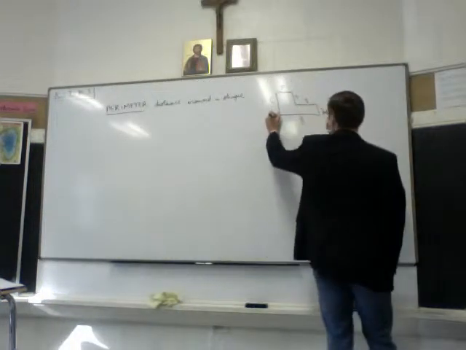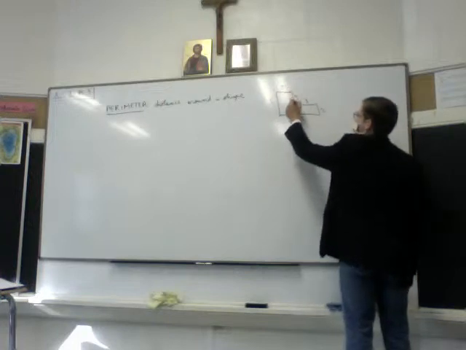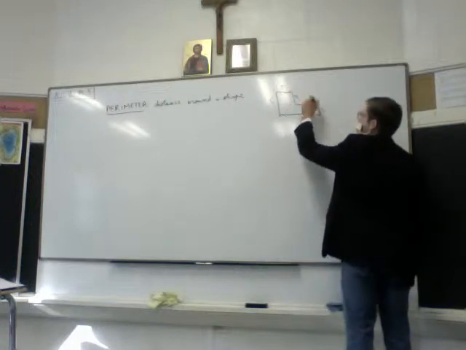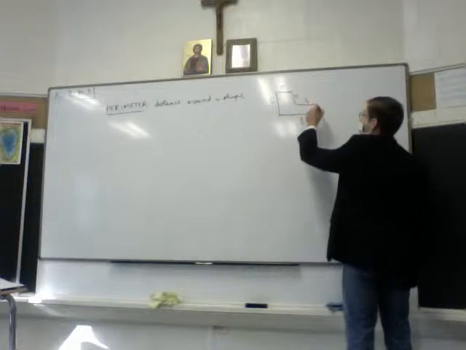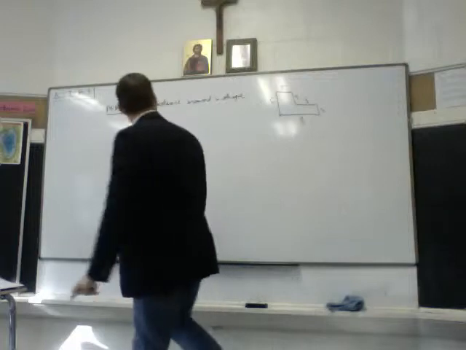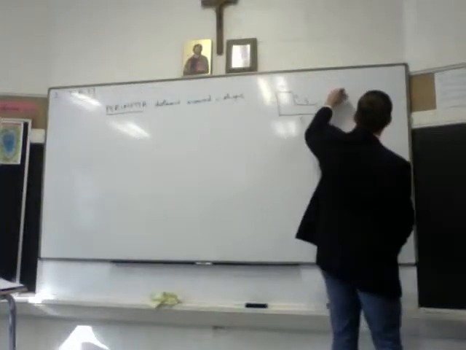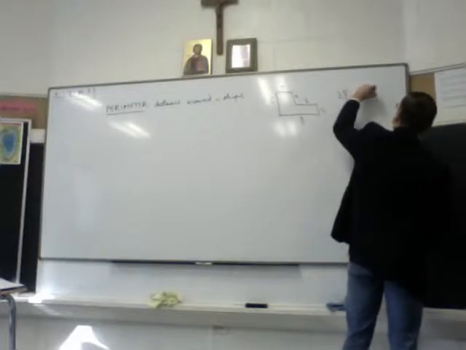Say we start here: 6 plus 5 is 11, plus 4 is 15, plus 3 is 18, plus 2 is 20, plus 8 is 28. We get a total of 28 units as our perimeter.